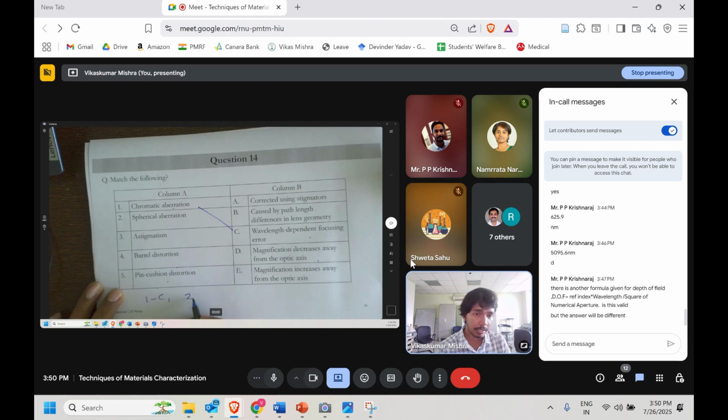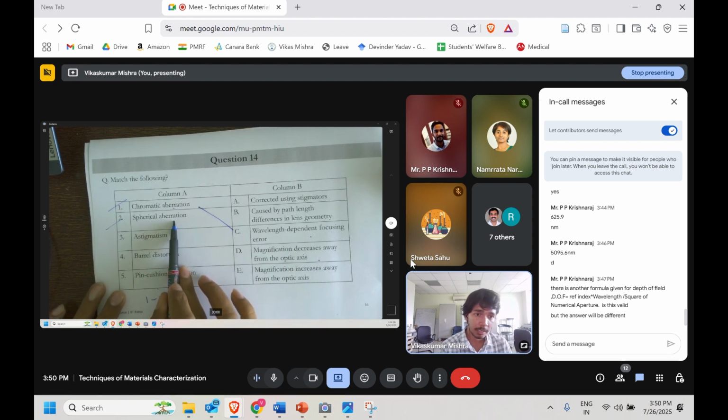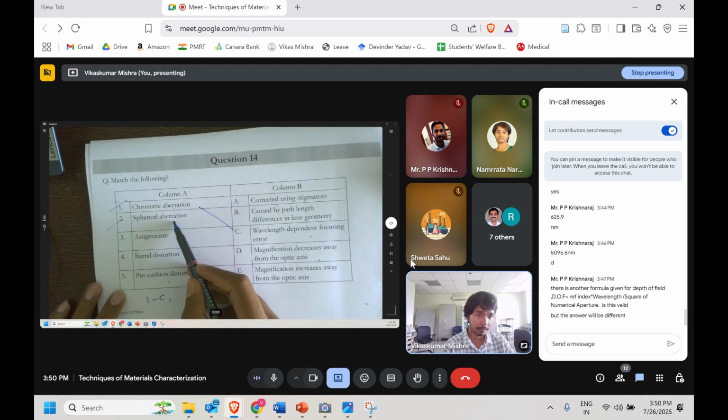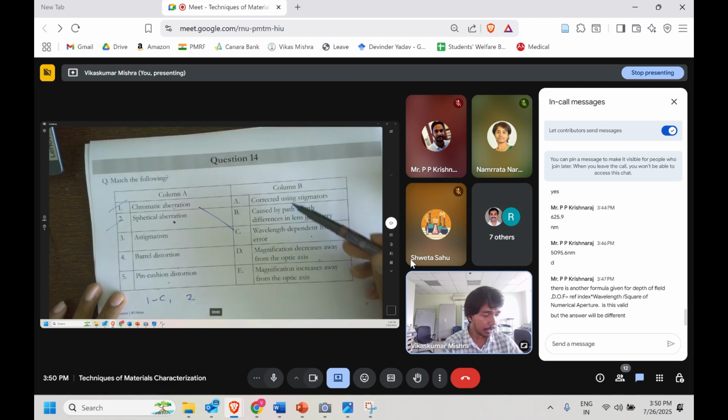What about the second one, spherical aberration? Spherical aberration is one kind of monochromatic aberration. How do we correct the spherical aberration? So guys, A, B, D, or E?